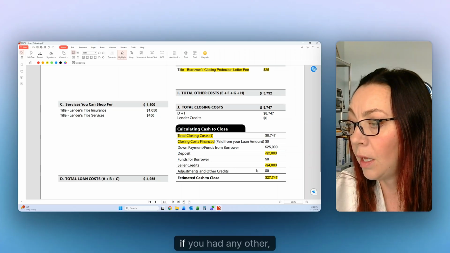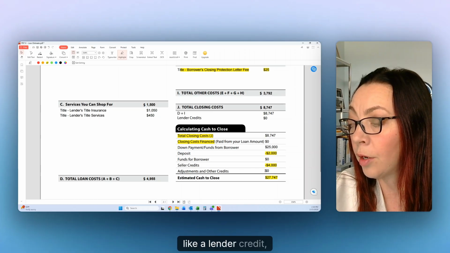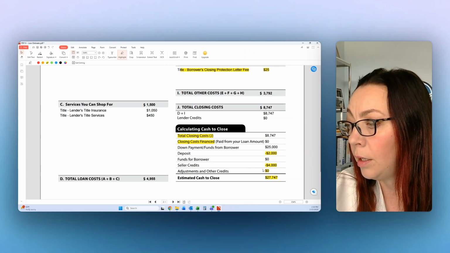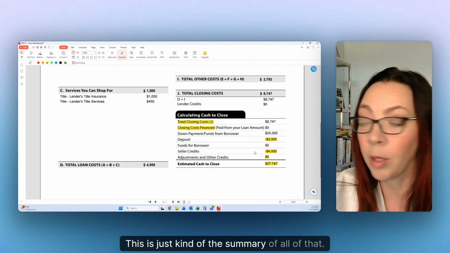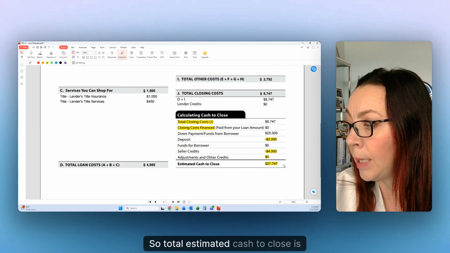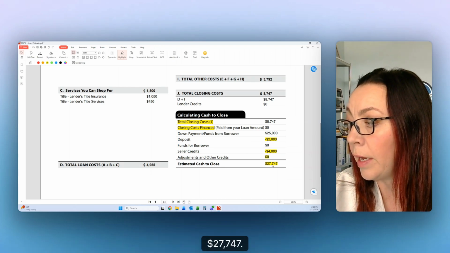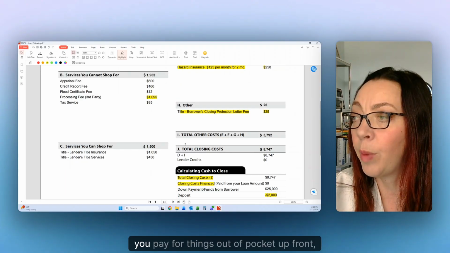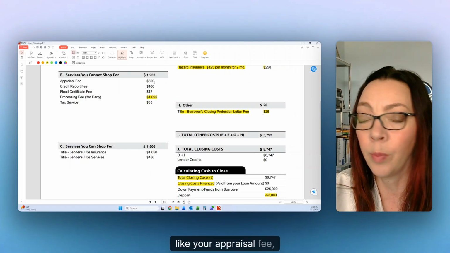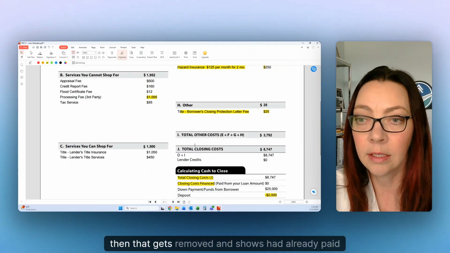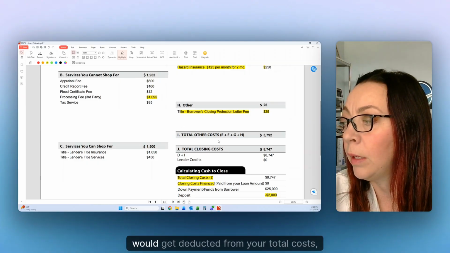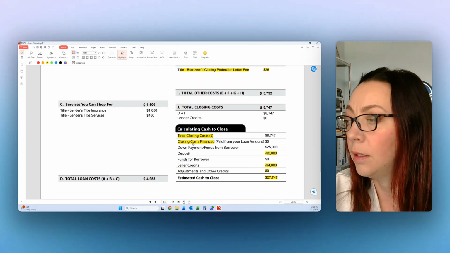And if you had any other, like a lender credit, that would show here. This is just kind of the summary of all of that. So total estimated cash to close is $27,747. If you pay for things out of pocket up front, like your appraisal fee, then that gets removed and shows it's already paid and would get deducted from your total costs.